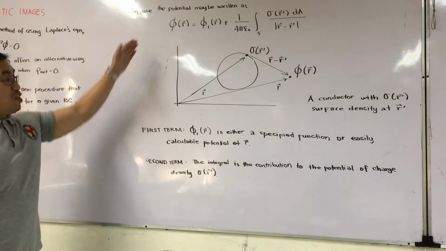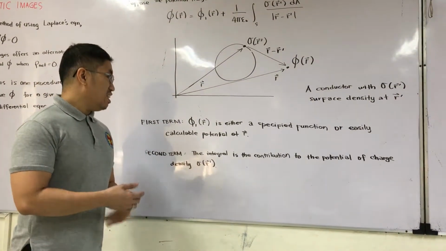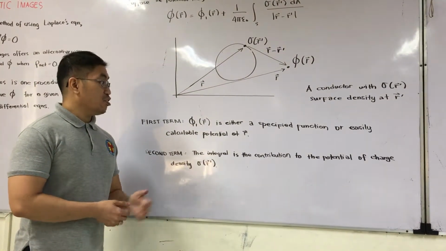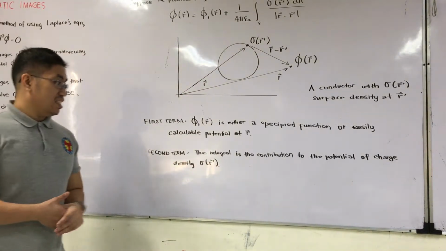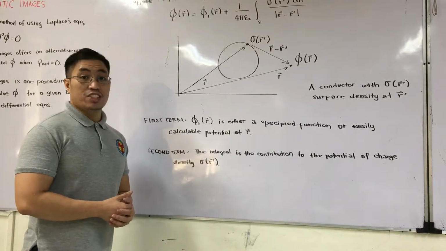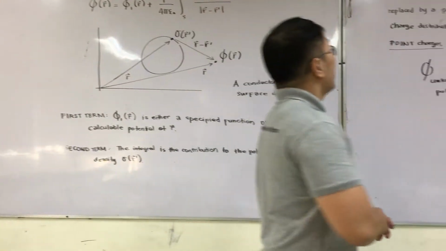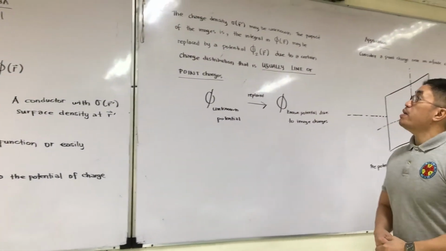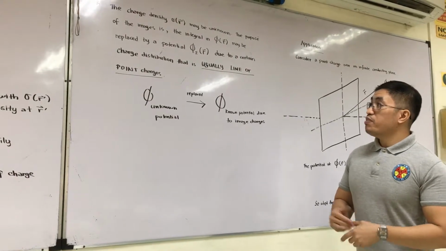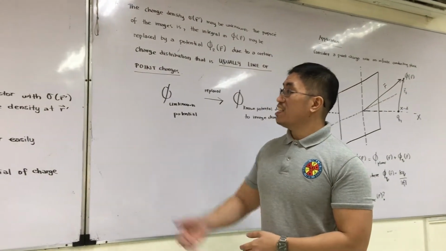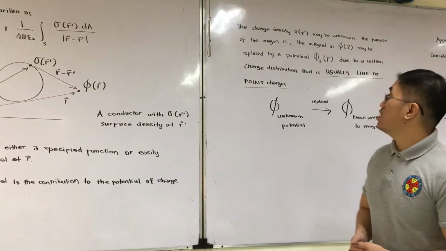The first term in our equation accounts for either a specified function of potential or an easily calculable potential that contributes at r. The second term, again, is the integral that is the contribution of the surface charge density to the potential at a distance r. The charge density may be unknown. The purpose of the images, therefore, is to evaluate the value of that integral without explicitly solving the integral.